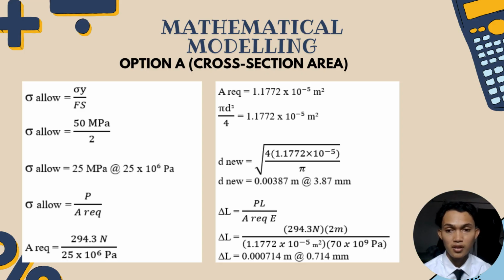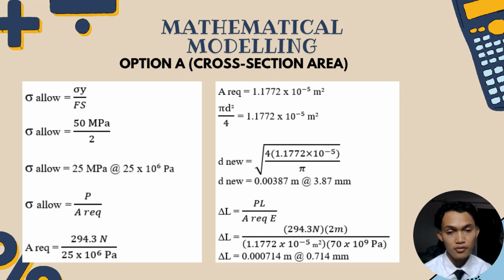Then using the formula of normal stress, sigma allowable equal P over required area, we get the required area of 1.1772 times 10 power of negative 5 meter square. Then using the formula of cross-section area, we rearrange to identify the new diameter and we get 3.87 millimeter.